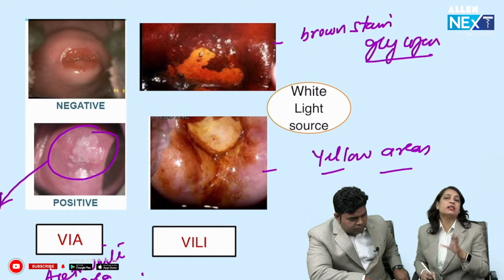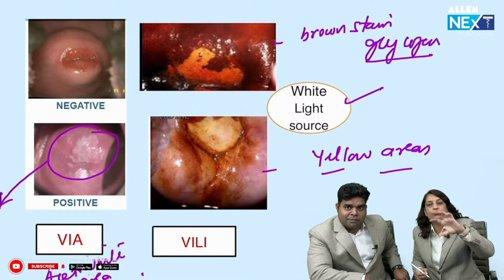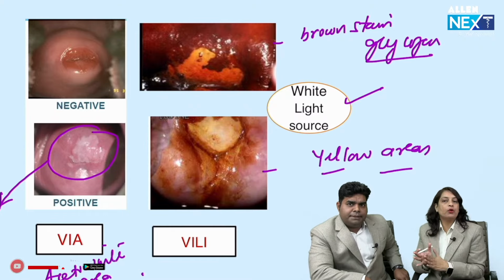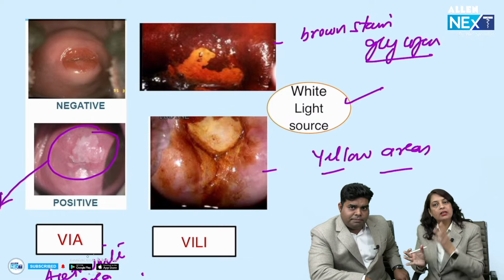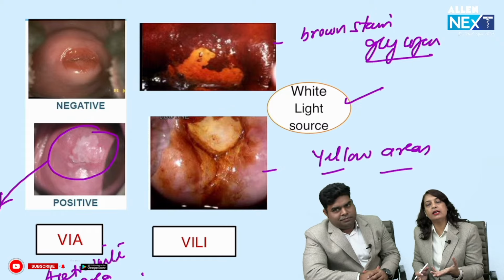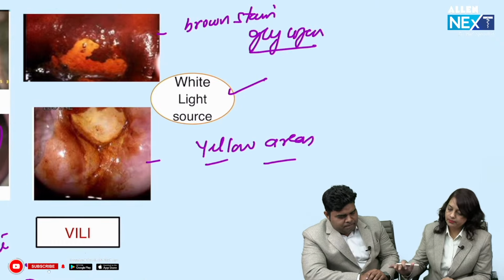If this testing is done, you should have a good white light source to do the visual inspection. Now, if any abnormality is detected by the health worker, they can always refer that female to the higher center for further evaluation of the case.